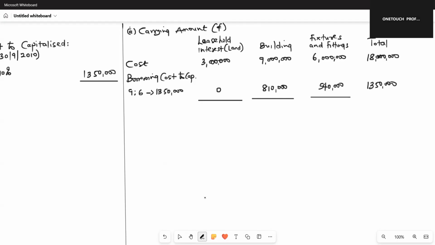Yes. Carrying amount as at 30th September 2010. This will be 3 million. This will be 9,810,000. This will be 6,540,000. Then we have the total 19,350,000.